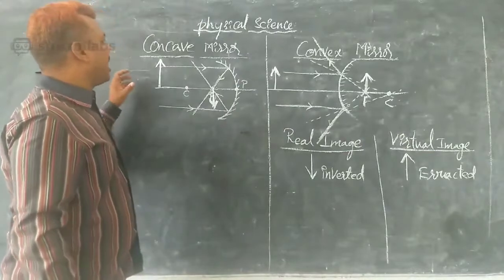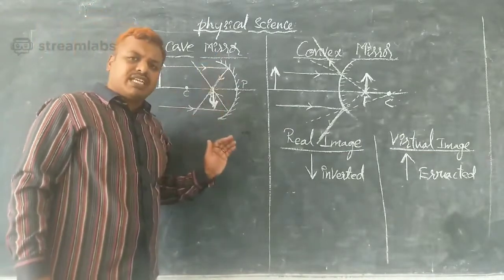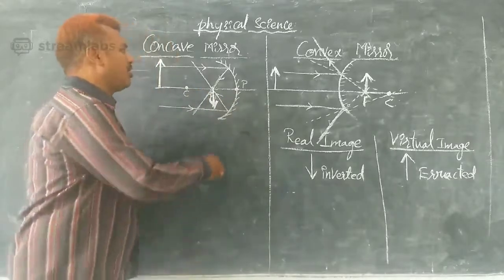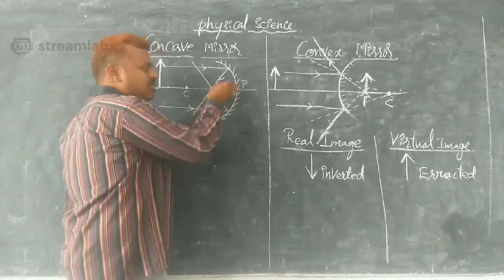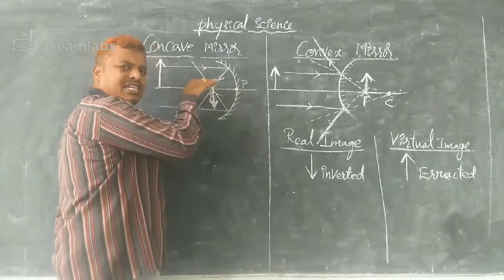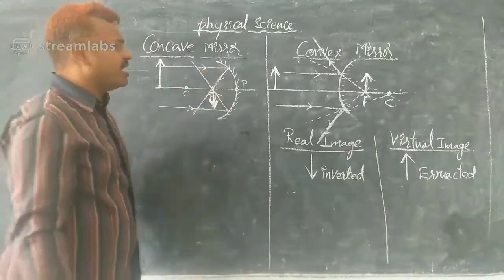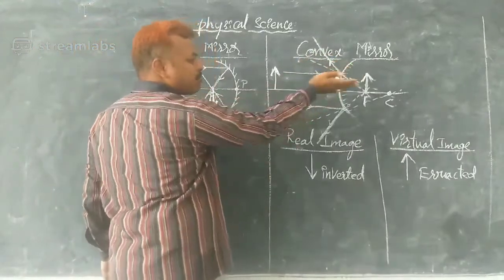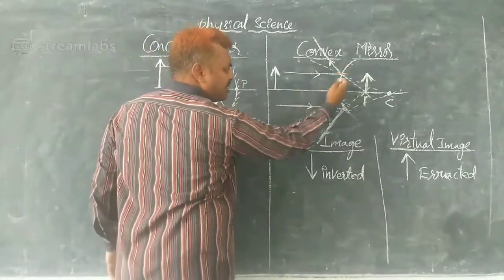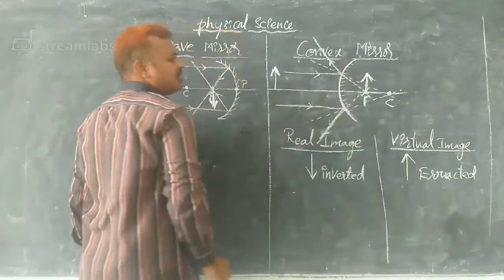When you see the light rays reflecting, the reflecting surface is shrinked inside, just like a cave. So it is just like a cave. It is shrinked inside. The reflecting surface is shrinked inside. Here the reflecting surface is bulged outside. So this surface is outside.